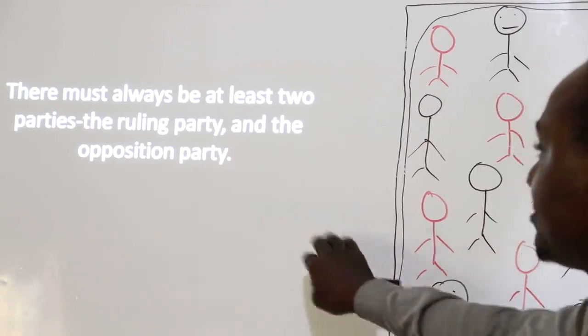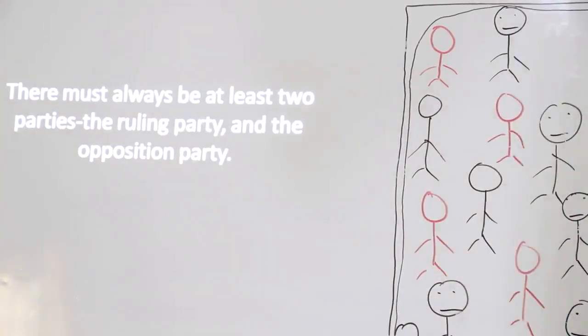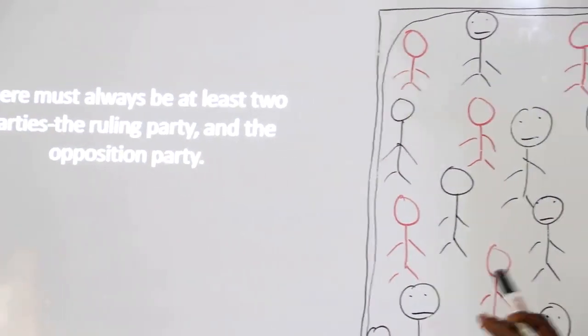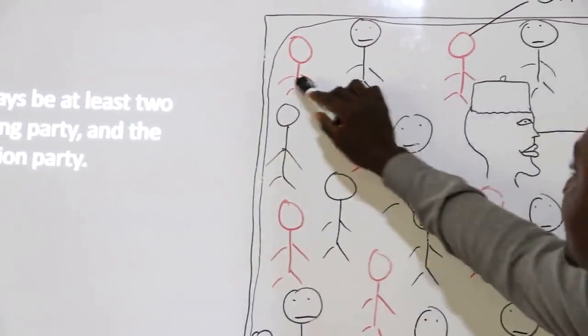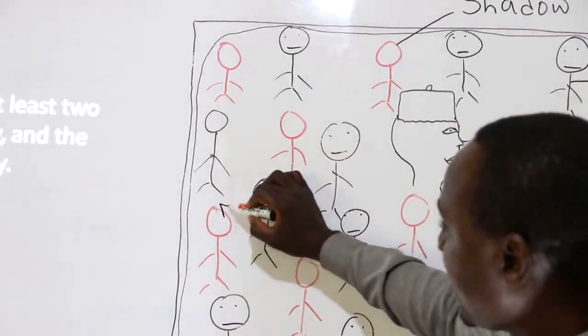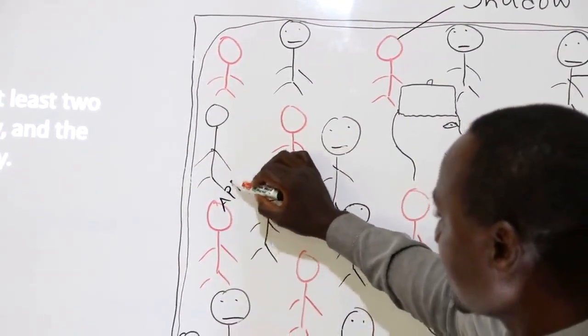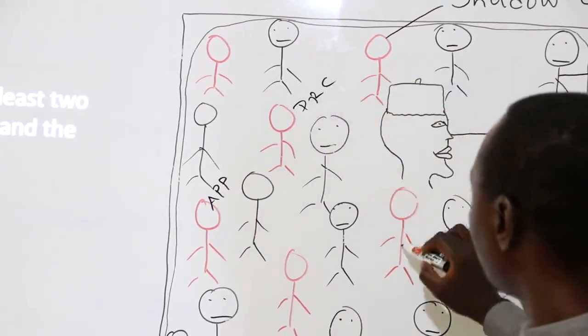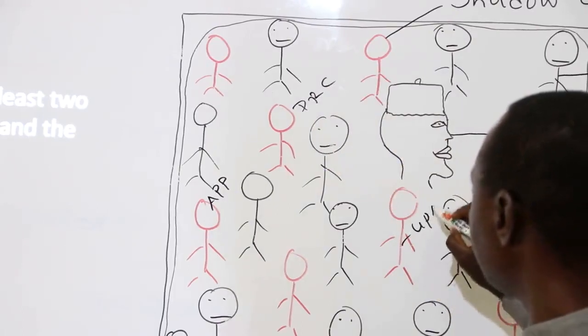But in a parliamentary system of government, we have, just like when you see the shadow cabinet. The shadow cabinet, like I've said earlier, is made up of people from different political parties. This person could be from APP, this person could be from DRC, this one could be from UPN.